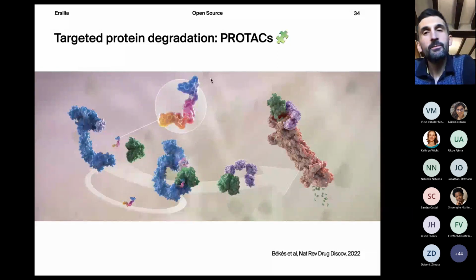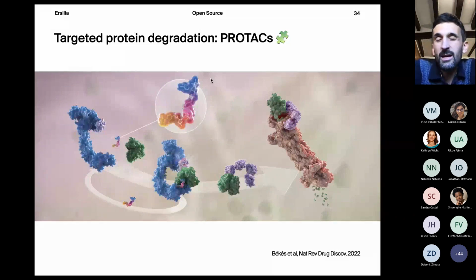So the concept of targeted protein degradation is actually a new paradigm in, let's say, medicinal chemistry, where the idea is not to inhibit the activity of a particular protein, which is typically what we want to do in occupancy-driven pharmacology. Here, the idea is to trigger the degradation of that protein.